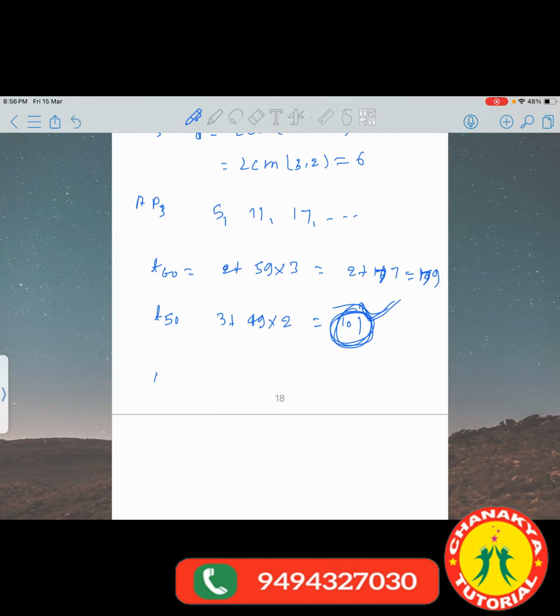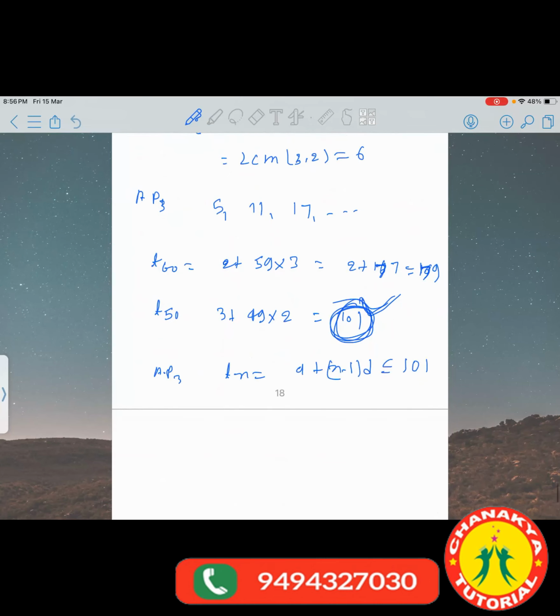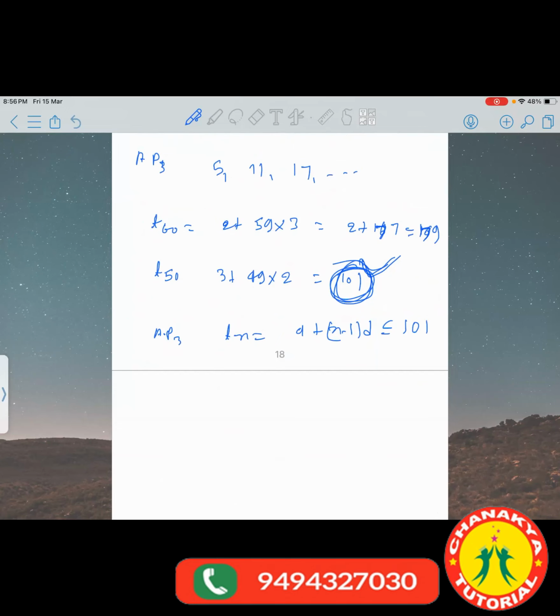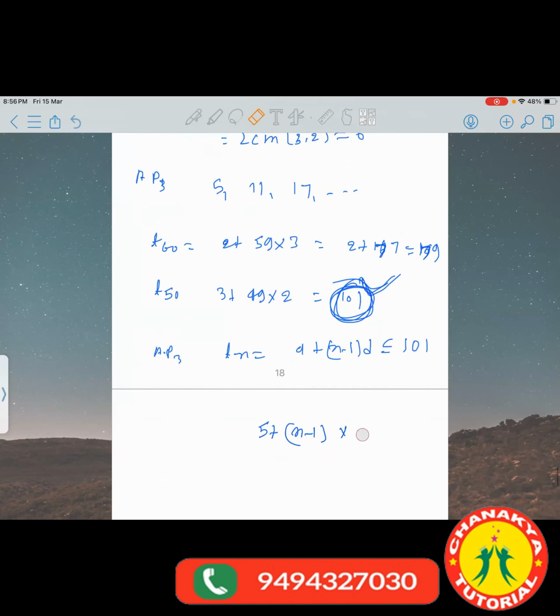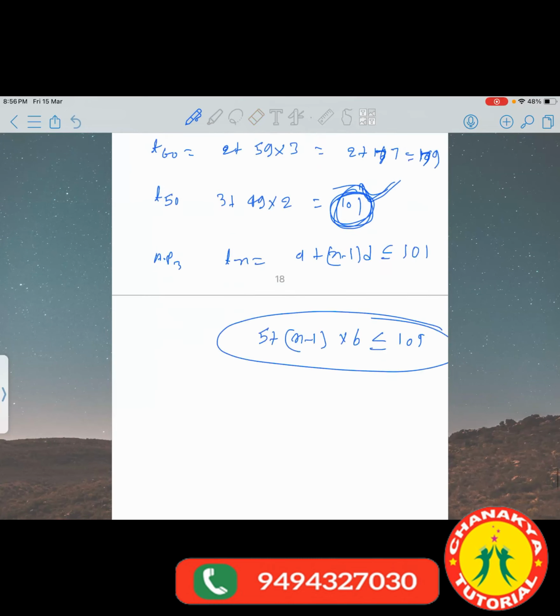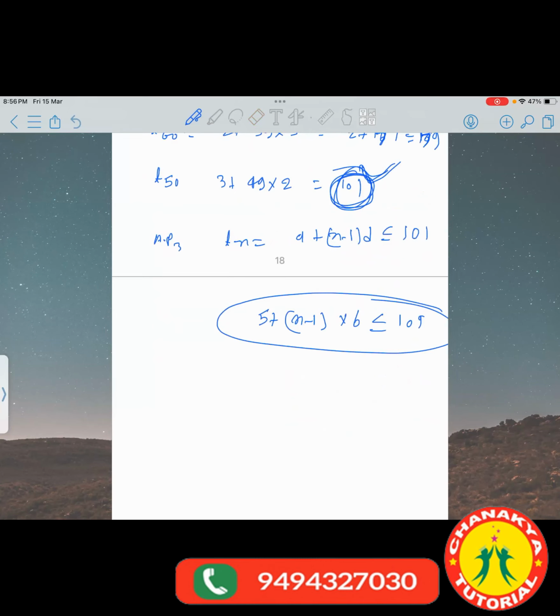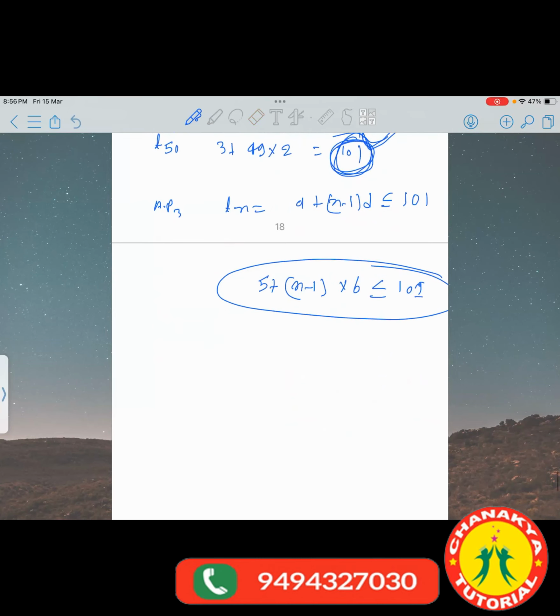So we can write for the third AP, Tn is equal to a plus n minus 1 into d, less than or equal to 101, right? So a is 5 plus n minus 1 into 6, where 6 is the common difference of the third AP, less than or equal to 101. Solve it. n is always an integer.